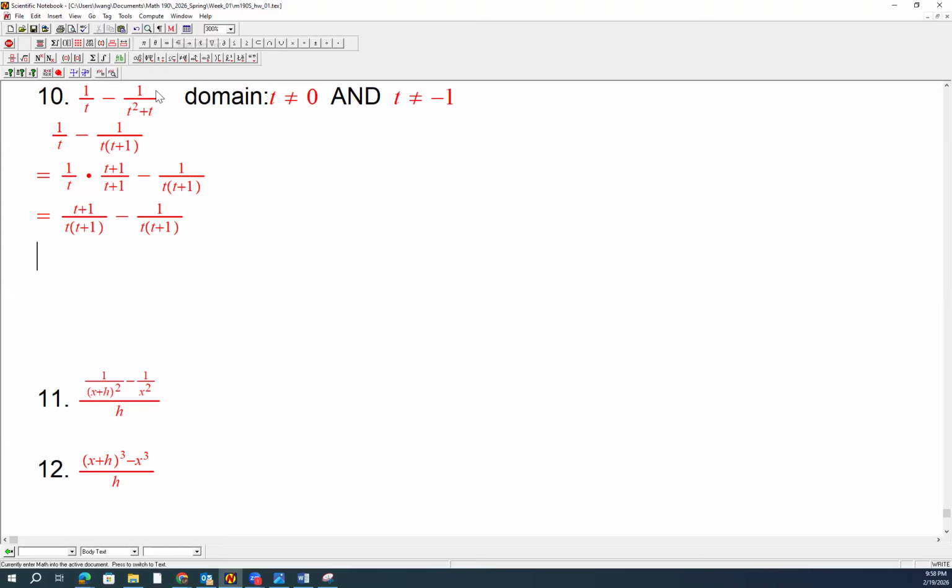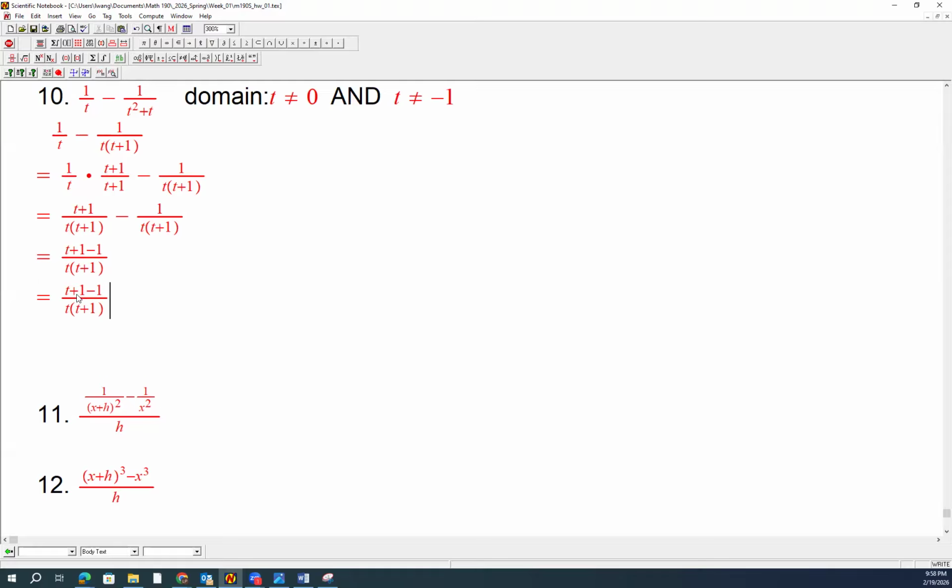And then we can combine the numerator. So we keep the same denominator and combine the numerator, which is t plus 1 minus 1. Plus 1 minus 1 makes 0. So our next step will have just t.